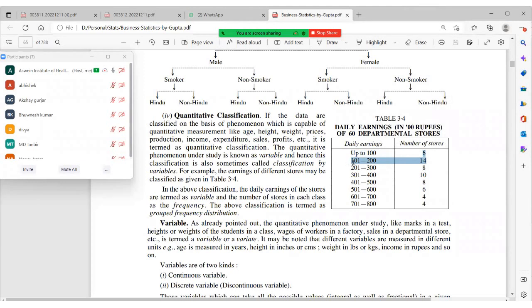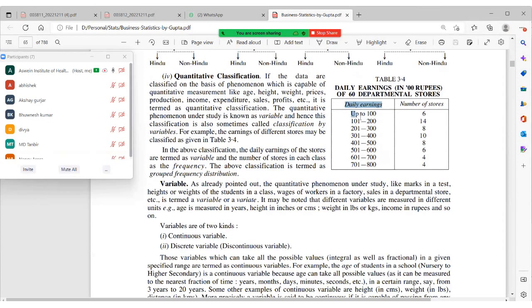Similarly, then 101 to 200, and so on like this, right? The first column is daily earning.